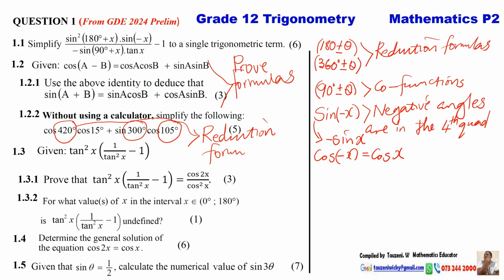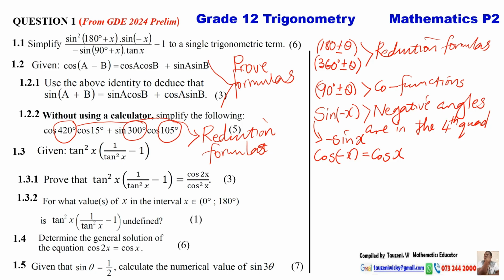Just like in 180 plus theta, 360 plus or minus theta, you must know that I must apply reduction formulas. It is a golden rule that in trigonometry, all angles must be acute angles. In all your calculations, make sure that angles are acute angles. If they are more than that, then you must reduce them using the reduction formulas.